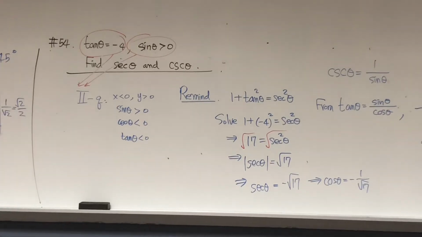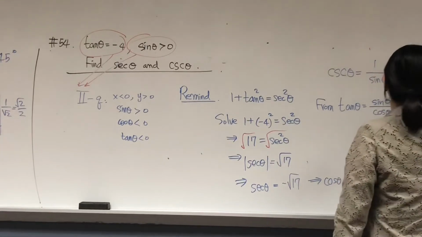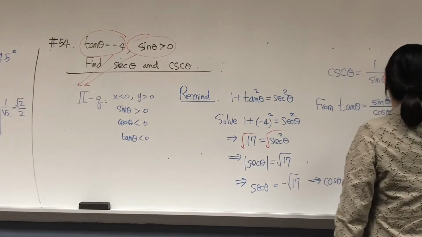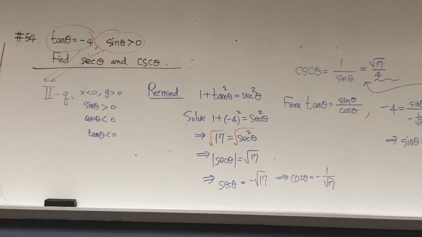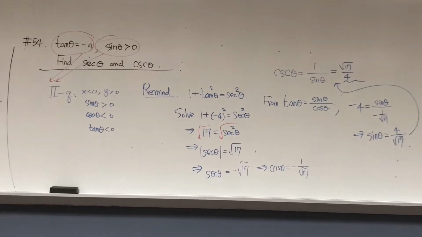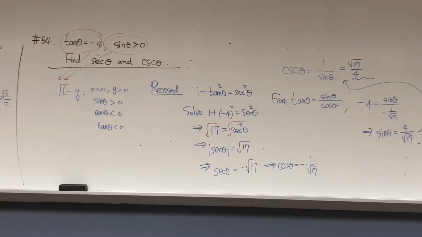So what is your answer for cosecant? Square root 17 over 4. Yes? It's good? Maybe you can also use the trigonometry identity again, right? But this is also one of the ways you can solve. Make a question.